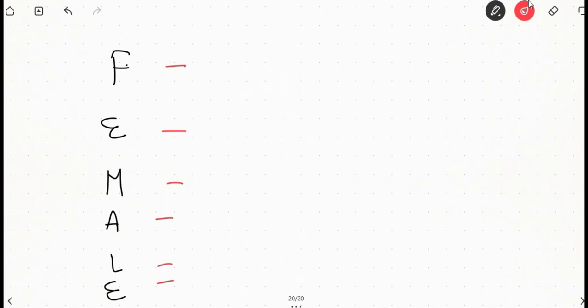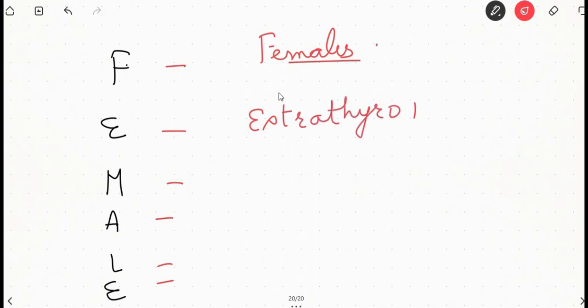For the features of Graves' disease, remember the mnemonic FEMALE. F stands for a strong predilection for females. E: it has extrathyroidal manifestations. M: affects middle or young age.